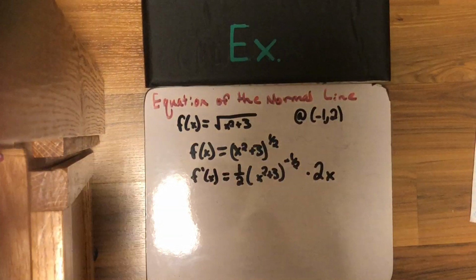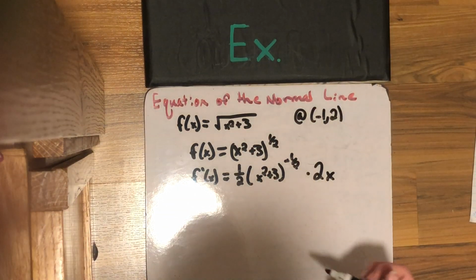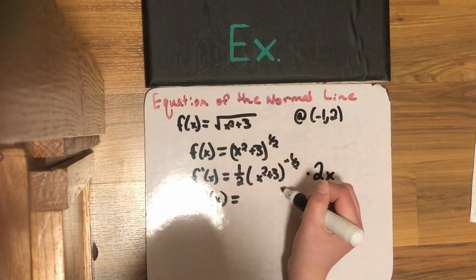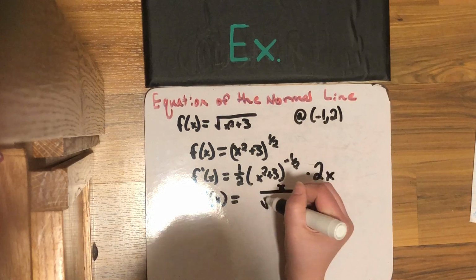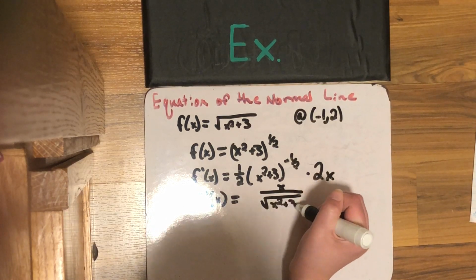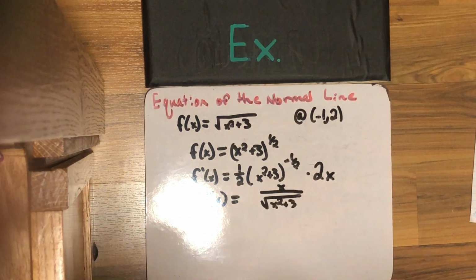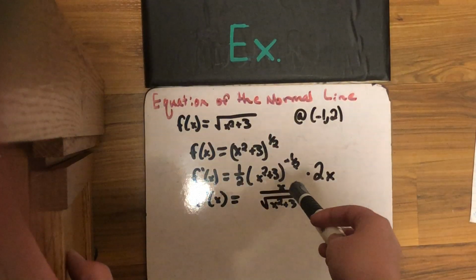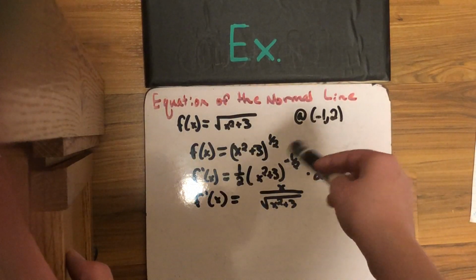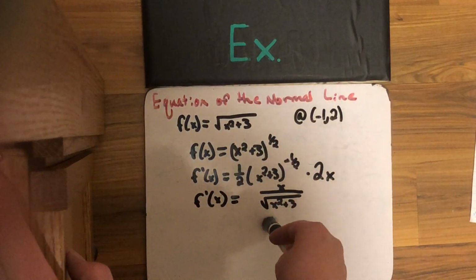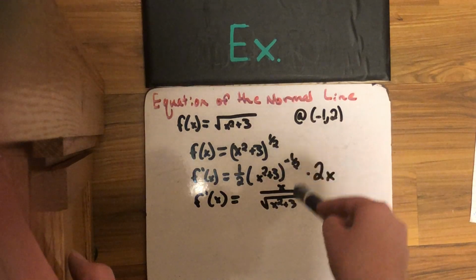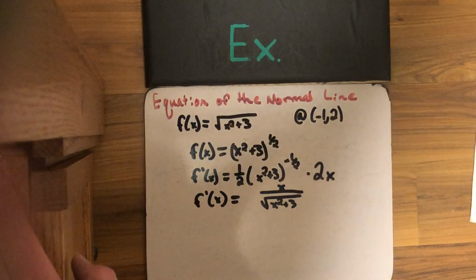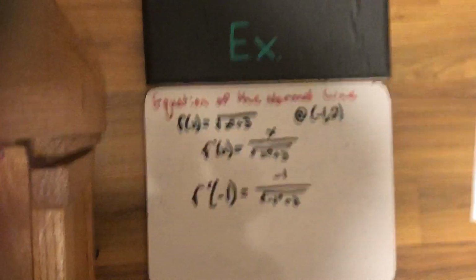So then you have this, and writing that out, you get f prime of x equals x over square root of x squared plus 3. Because once you multiply by 2x, you have 2x over 2, which leaves you with just x. And this negative 1/2 up here puts the square root into the denominator because it's negative and it's half. So you get that in the denominator. So there is your derivative for step 1 of finding the normal.